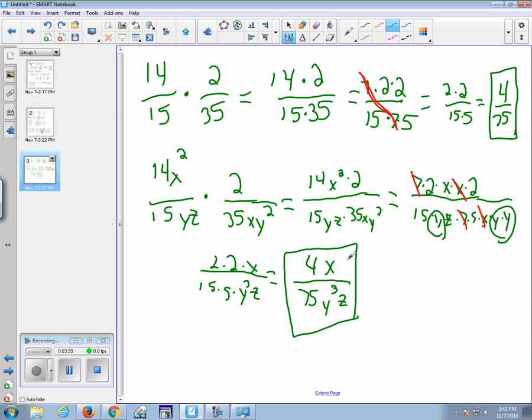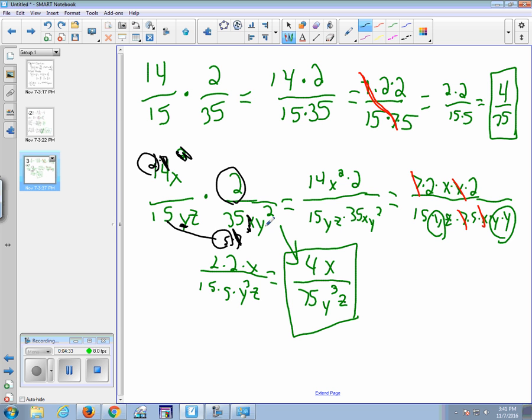1, 2, 3. Now, as we get good at this, maybe some of you were able to jump straight here. See how we could do that right away. Recognize 35 is 5 times 7. 14 is 2 times 7, so 7's gone. I've got 2 x's up here. One of those goes away because it cancels here. 2 and 2, there's my 4x. 15 times 5, that's my 75.